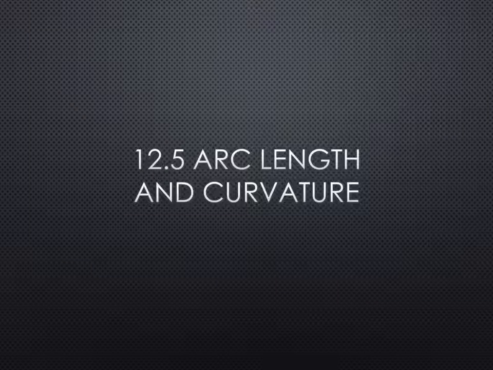All right, today we're going to cover the last section of Chapter 12, the last section of Calc 3, and it's titled Arc Length and Curvature. And I'd like for you to remember that we've actually talked about arc length once before.